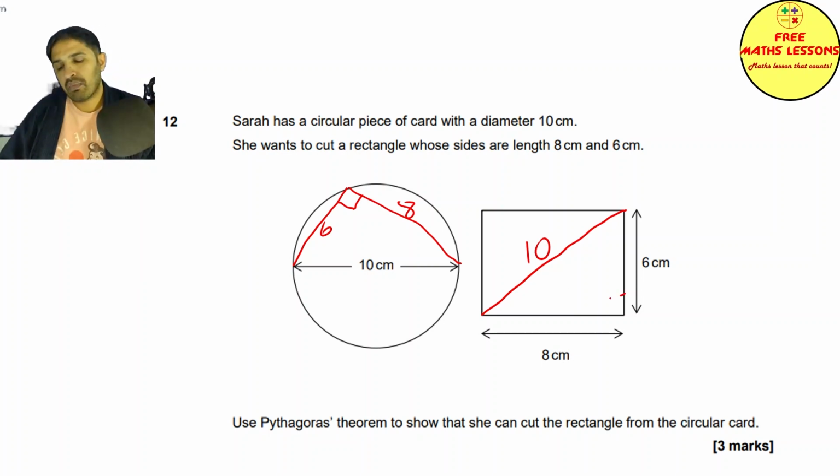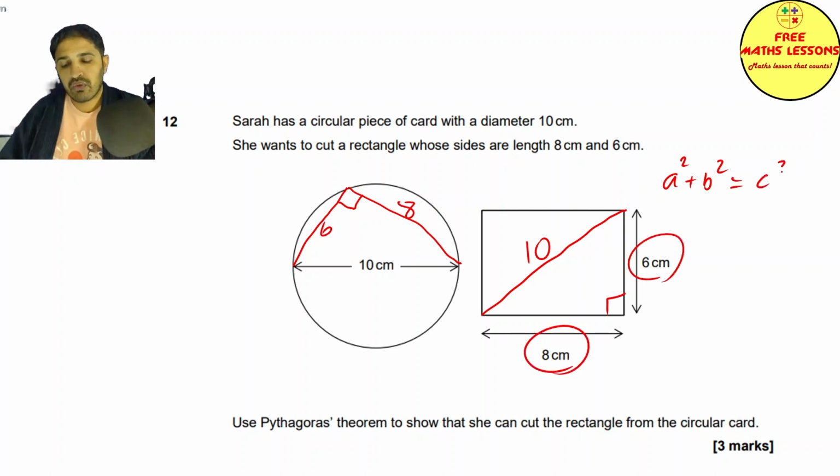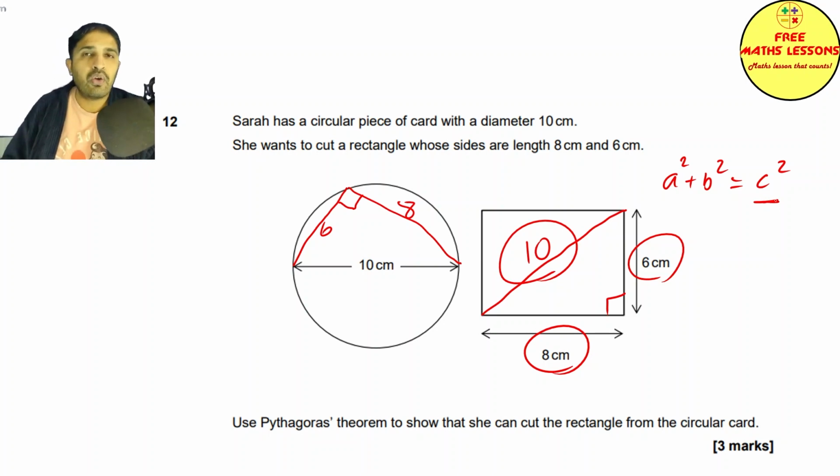So if you're using Pythagoras theorem, it states: two smaller sides, a squared plus b squared, if you square these two smaller sides, that should give you c squared, the square of this number here. That number has to be smaller or equal to 10.